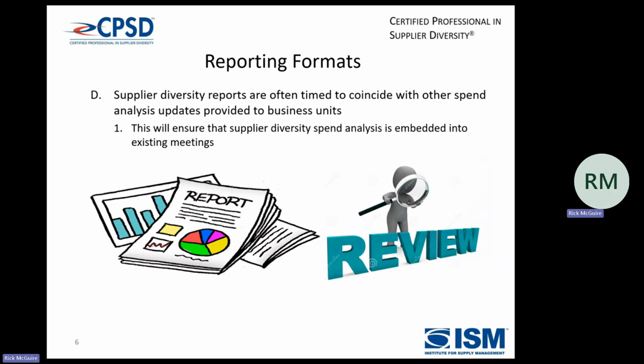Supplier diversity reports are often timed to coincide with other spend analysis updates provided to business units. Usually it's not a supplier diversity report by itself. This will ensure that supplier diversity spend analysis is embedded into existing meetings.